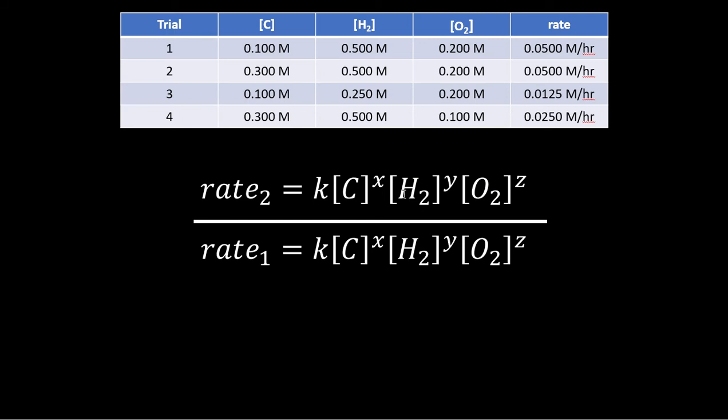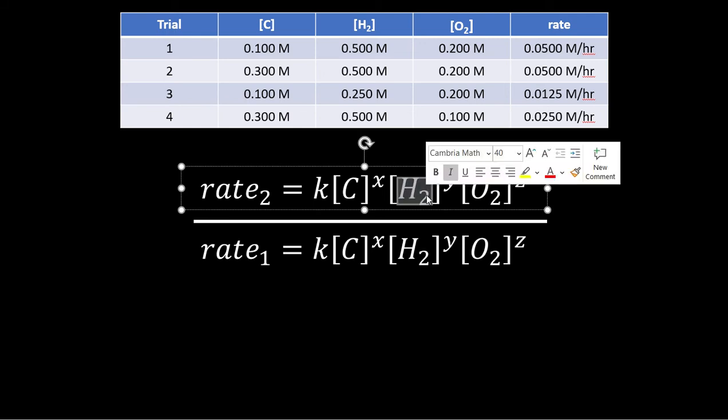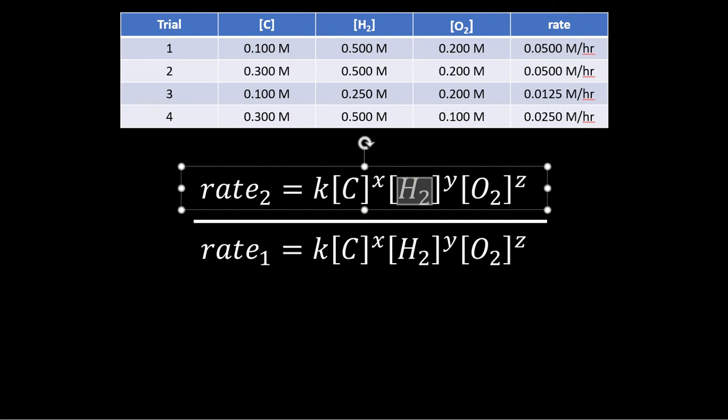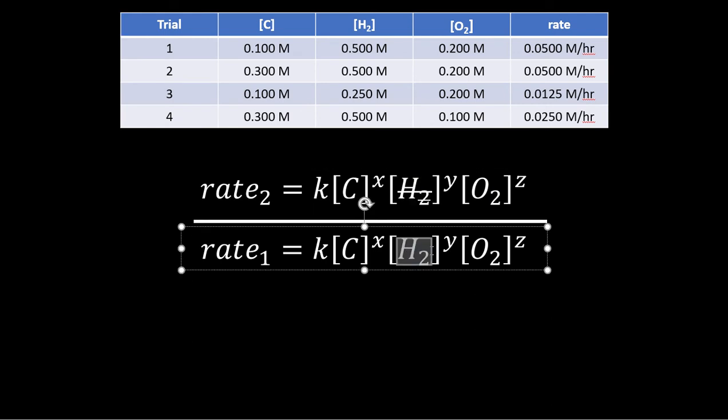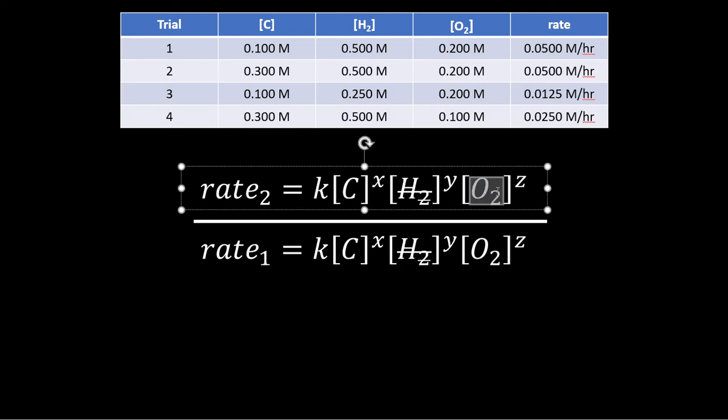The concentration of molecular hydrogen in trial 2 and trial 1 is the same value in both, so it will cancel out with itself, as well as the values of oxygen.